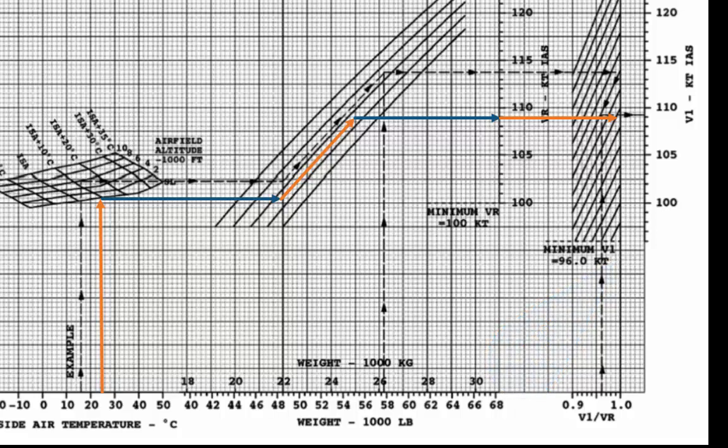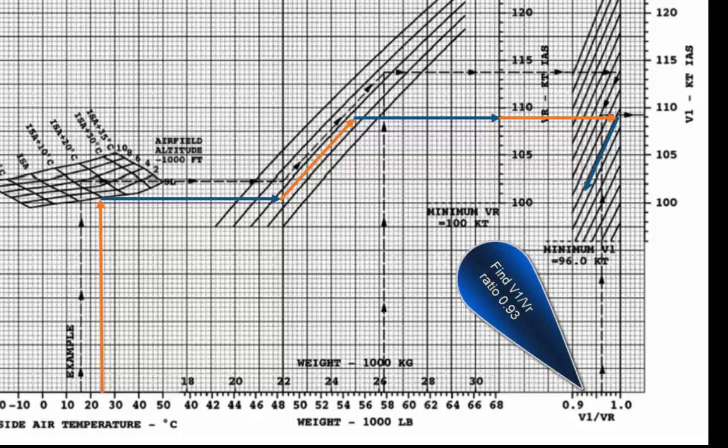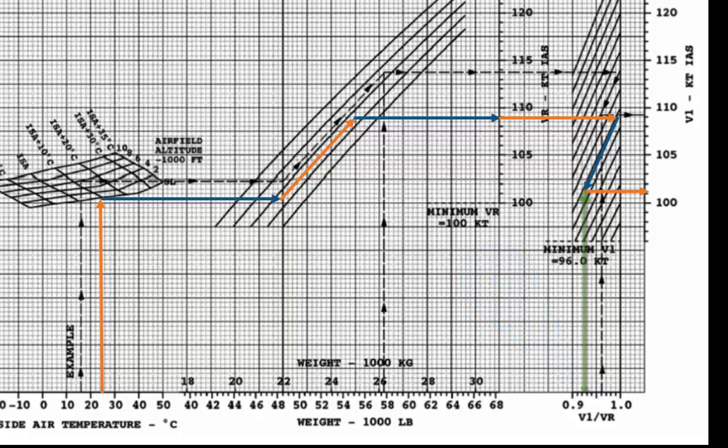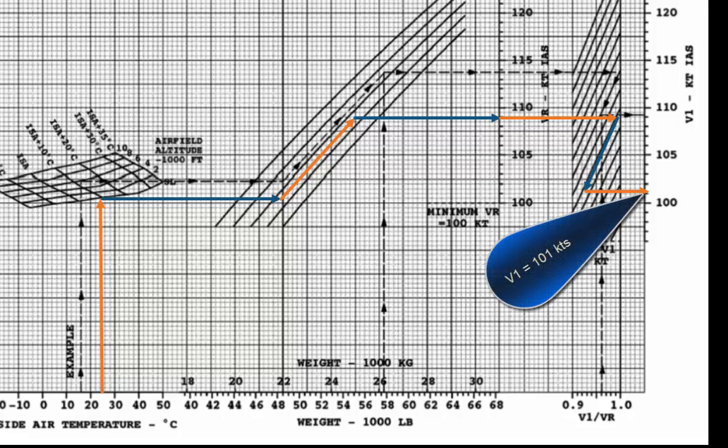So then following backwards from that reference line, we go back down and to the left diagonally till we get to a V1 VR ratio of 0.93. And then on over to the right, and we get a V1 speed of about 101 knots.